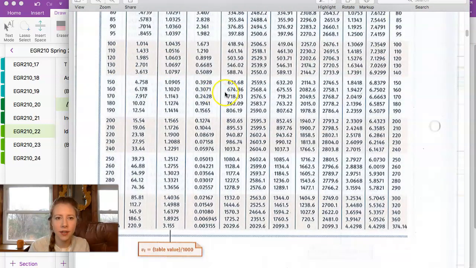So at 160, for specific internal energy, we're going to be at 674.86. And for our entropy, we're going to be at 1.9427 kilojoules per kilogram Kelvin.